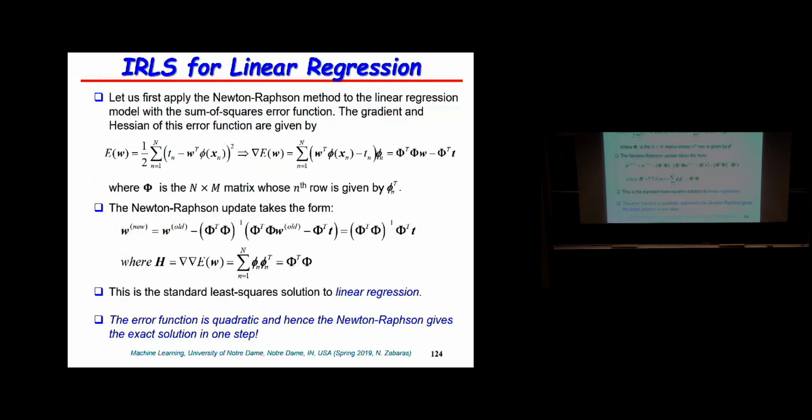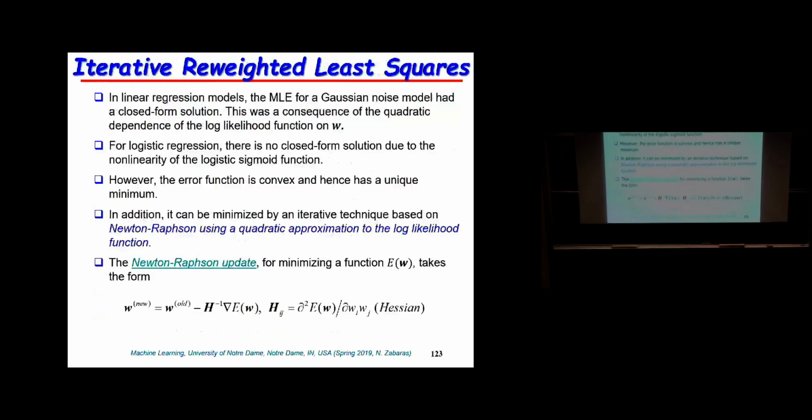So let me, before I apply this algorithm to logistic regression, can you tell me if I apply this algorithm to linear regression problems, what will this algorithm give me? Remember, linear regression is minimization of the L2 error, the mean square error.